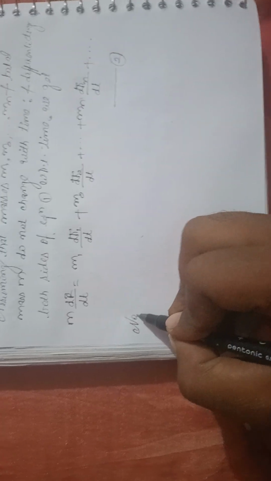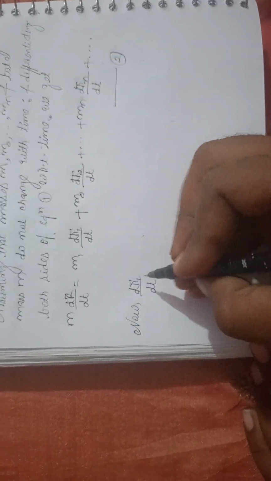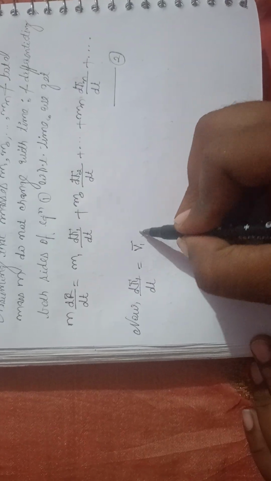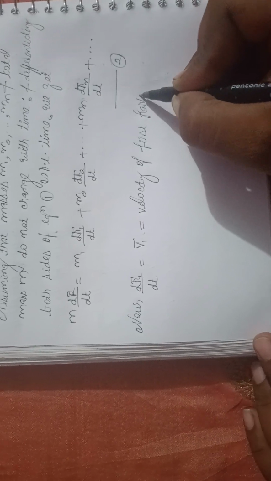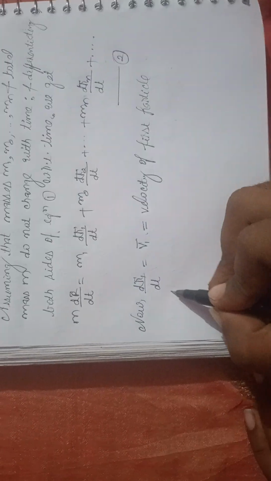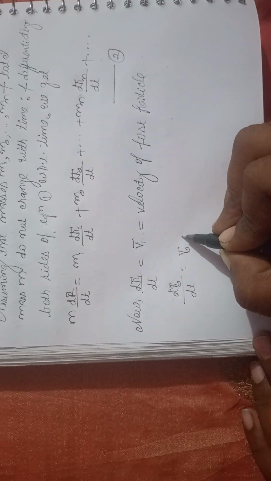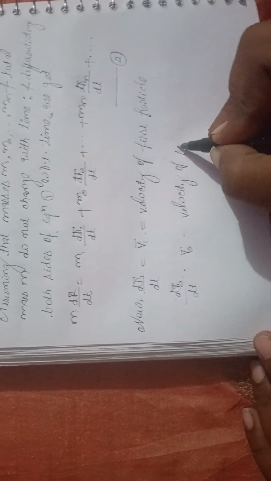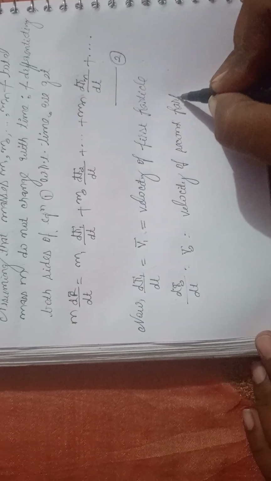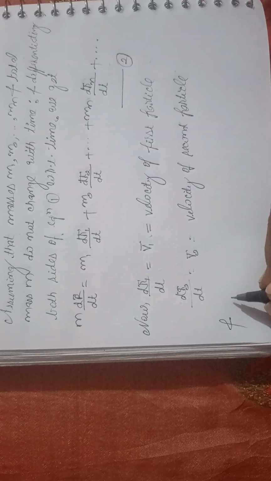Now dr1 vector upon dt is equal to vector v1, the velocity of first particle. dr2 vector upon dt is equal to vector v2, the velocity of second particle, and so on.